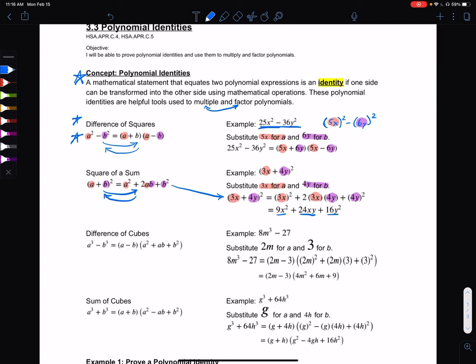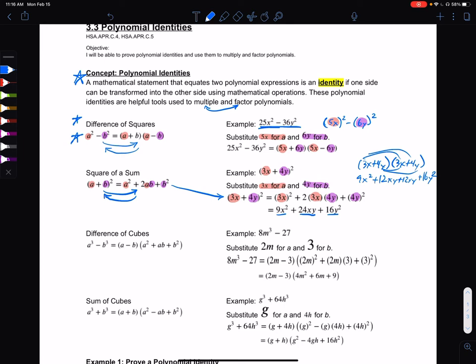Now you might ask, what is this useful for? What this does is save you time. Instead of having to do 3x plus 4y times 3x plus 4y and distribute to get all these terms, it's just going to save us time.